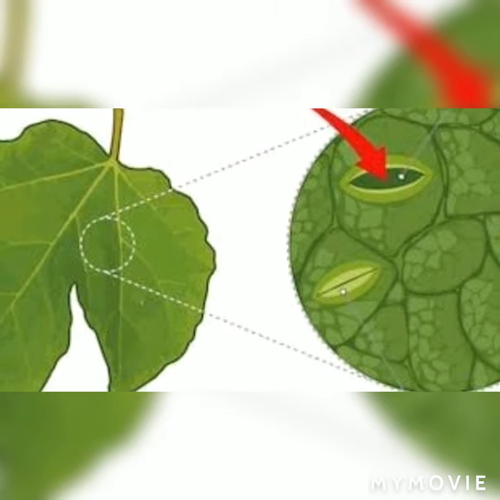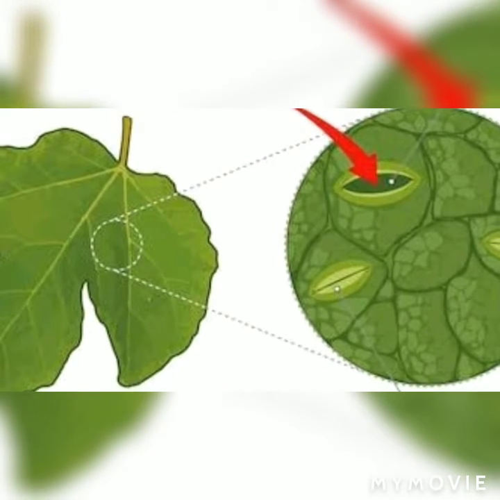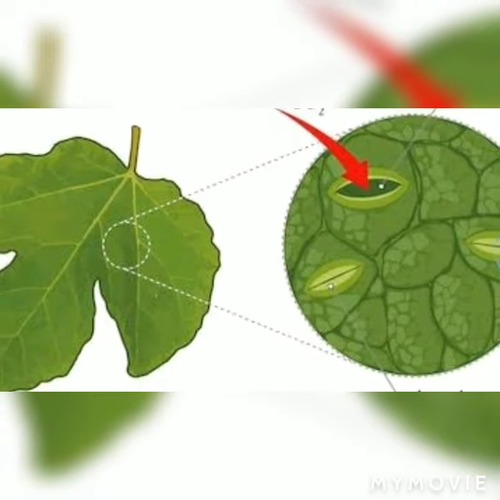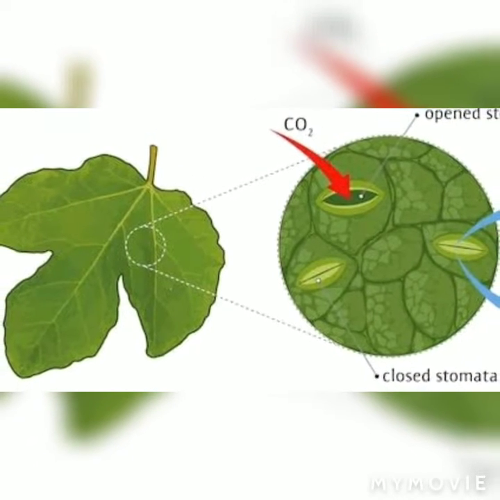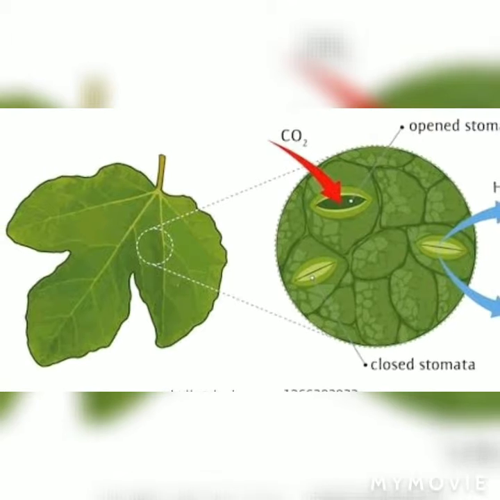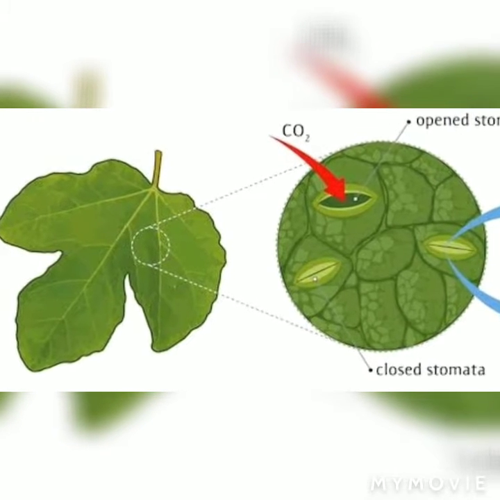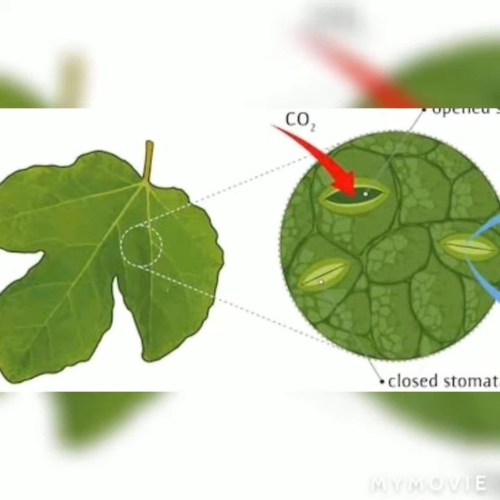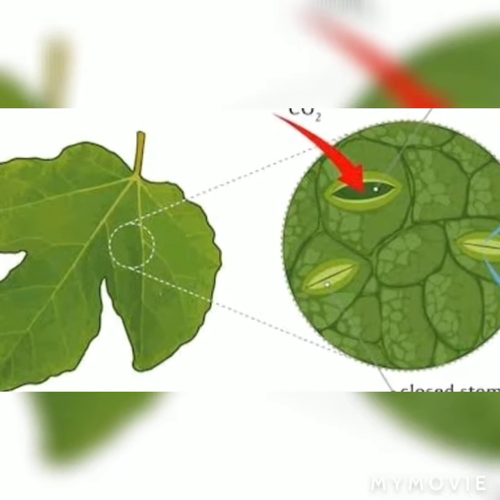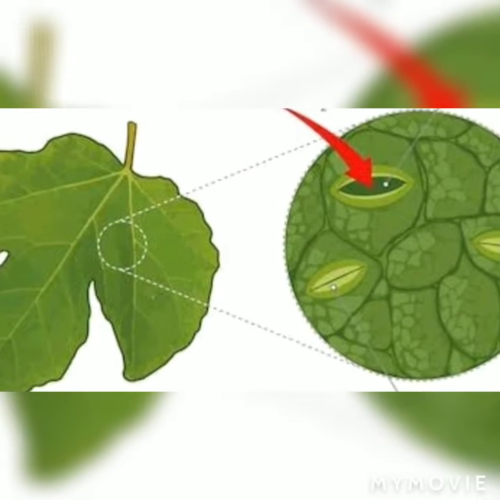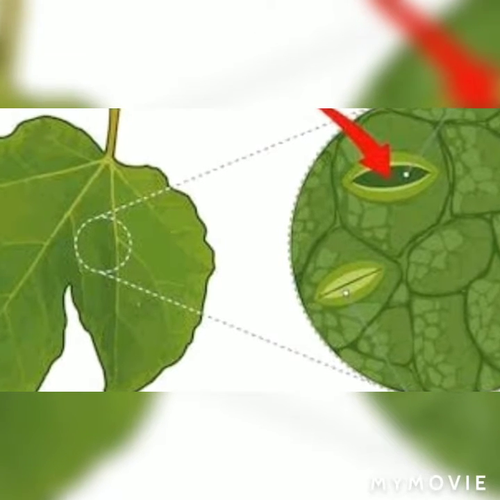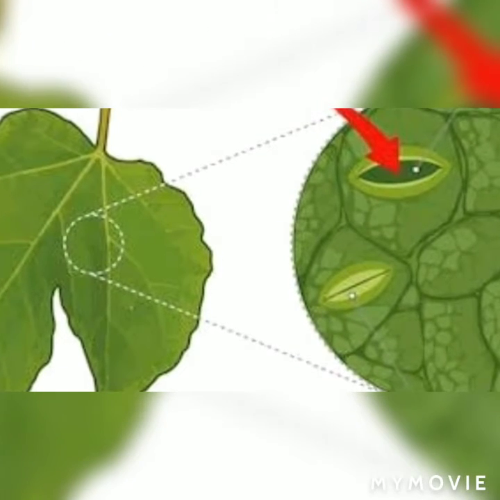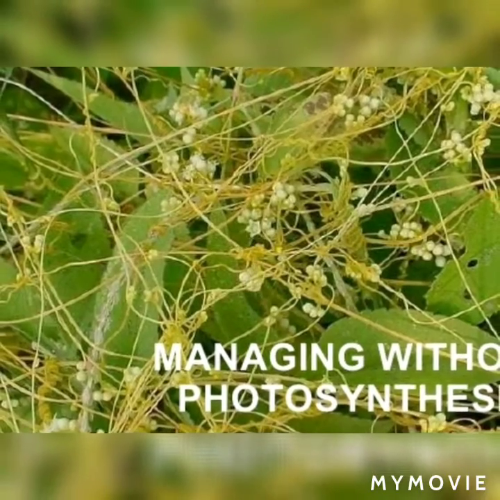It takes place in the leaves through stomata. Stomata have guard cells which allow the stomatal pores to open and close. When open, it takes in carbon dioxide and leaves out oxygen. When closed, there is no or very little exchange of gases.